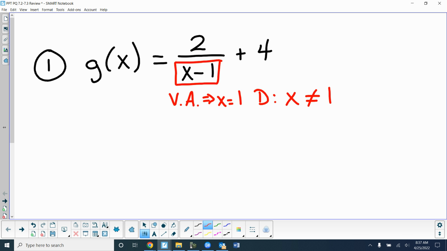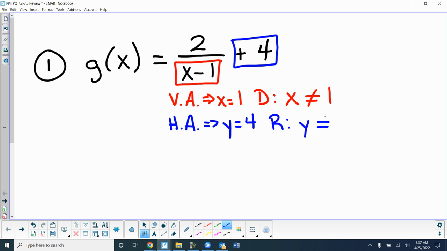For the horizontal asymptote, it's y equals whatever this number is. So that would be 4. The range then is y is all real numbers except 4. Okay? Questions on that?